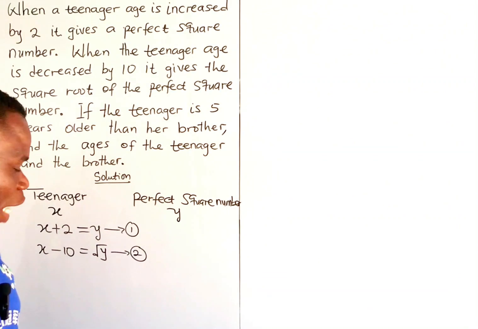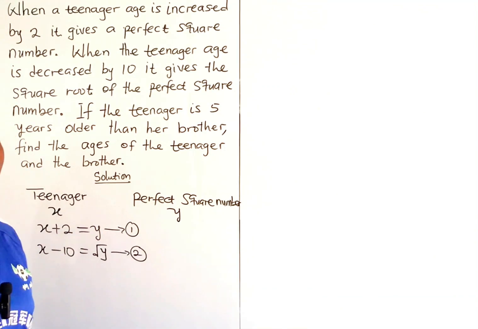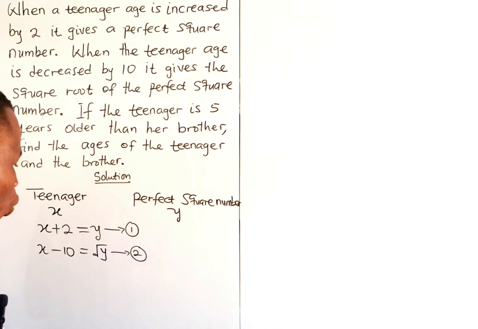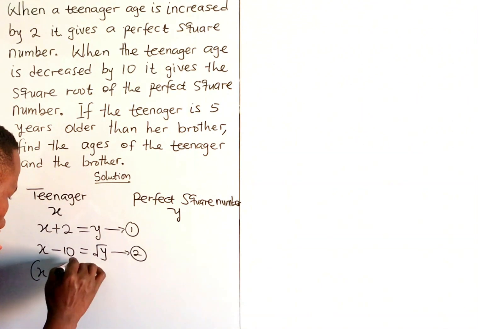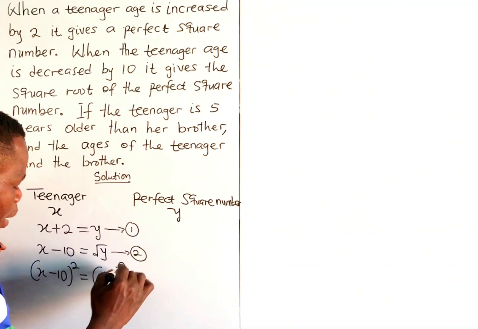But it will be good for us to remove the radical sign in equation 2, the square root sign in equation 2. And to do that, we have to square both sides of equation 2. That means that I'll have x minus 10 all squared is equal to square root of y all squared.